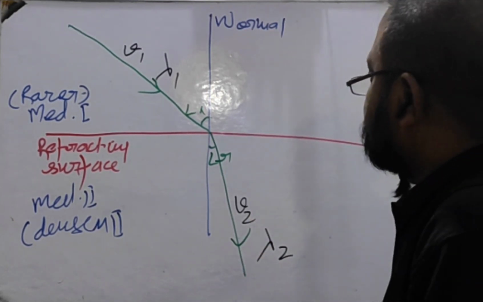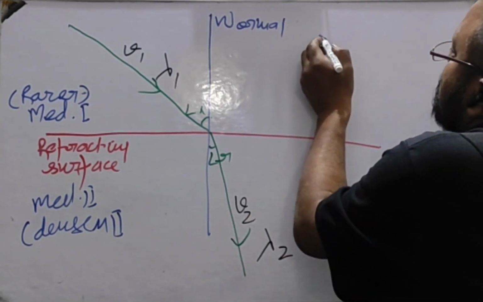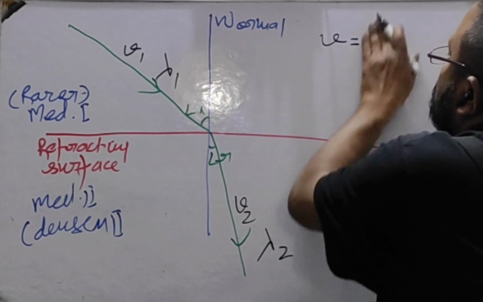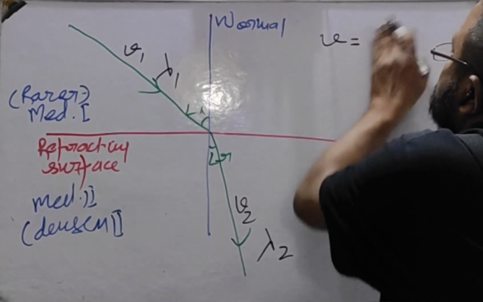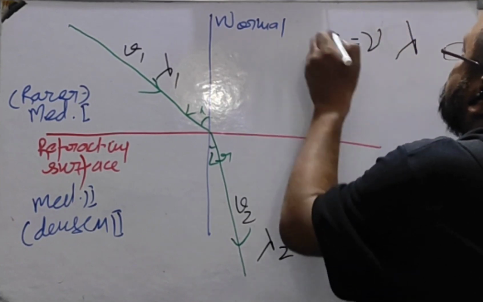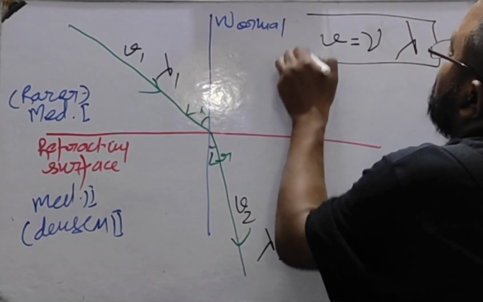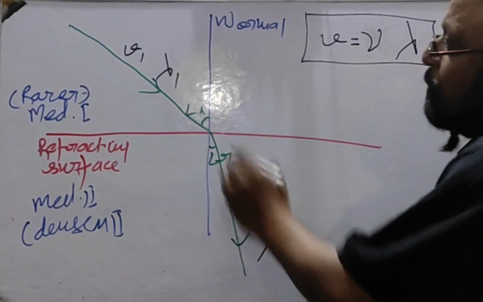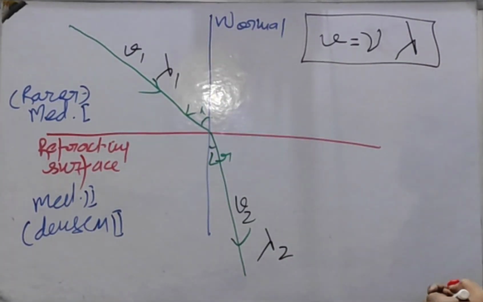I hope you have studied v is equal to nu lambda, like this. You have studied this, right? So what happens about frequency?